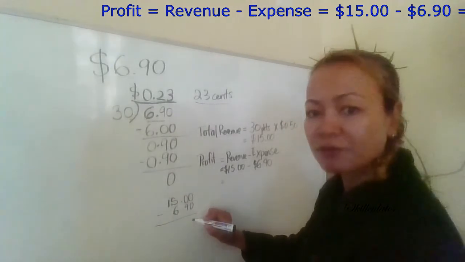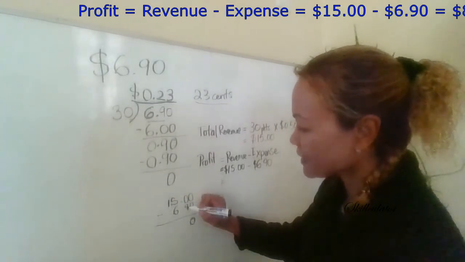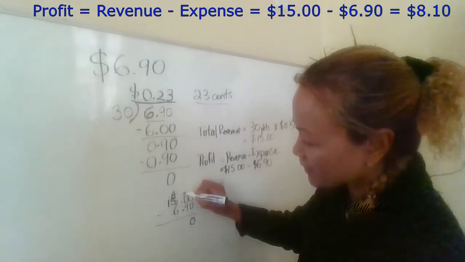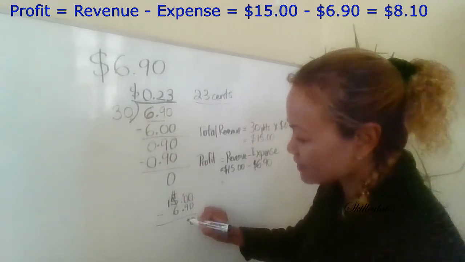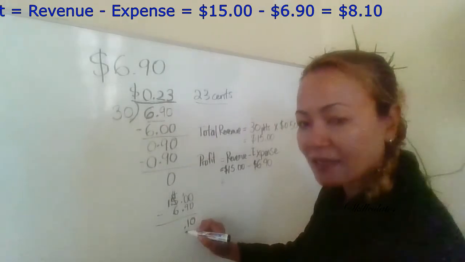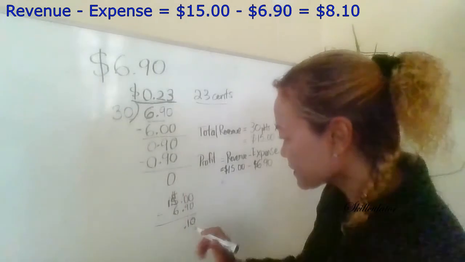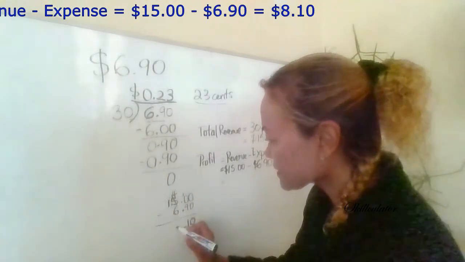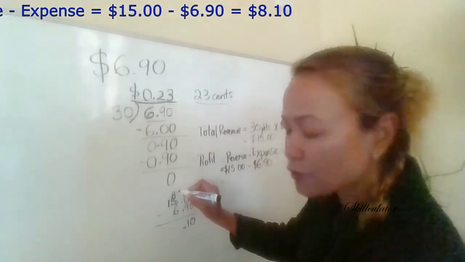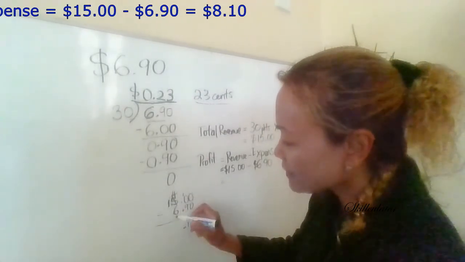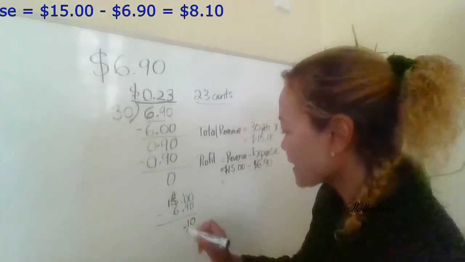0 minus 0, 0. 0 minus 9. Well, you take 1 from this, it becomes 4. You take 1 up here. 10 minus 9 is 1. Put the decimal place in its correct alignment, right? Which is under where the decimal places are on top. This has now become 4. 4 minus 6 can't go. Okay. 14 minus 6, 8.